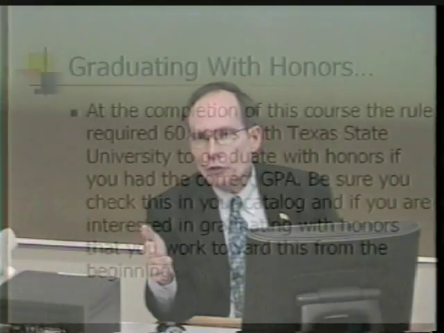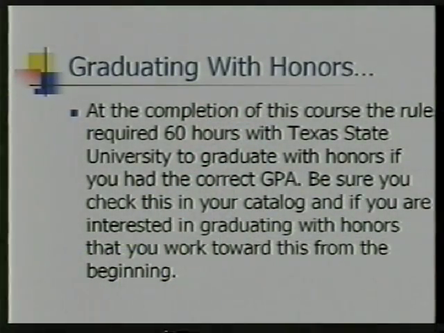Now, I want to also mention, while you're working on all these courses, at the completion of this course, the rules require 60 hours with Texas State University to graduate with honors, if you had the correct GPA. Be sure you check this in your catalog, and if you're interested in graduating with honors, that you work toward this from the beginning.